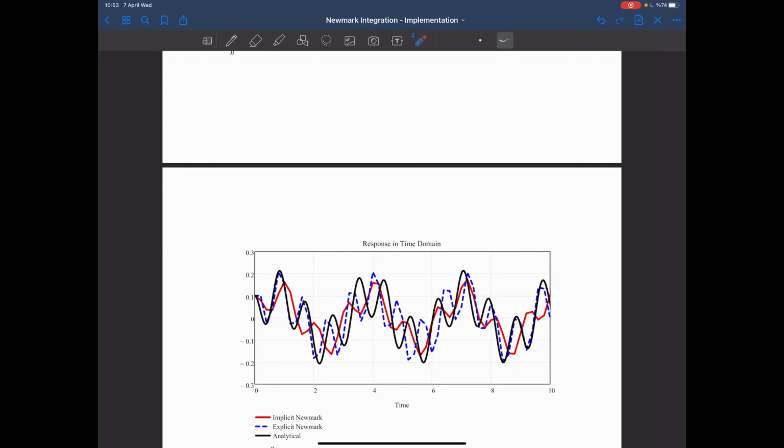So as you can see, the results do not match. Of course we know, because we used a large time step. This also shows that the time step that we are using is not sufficient to obtain an accurate solution.